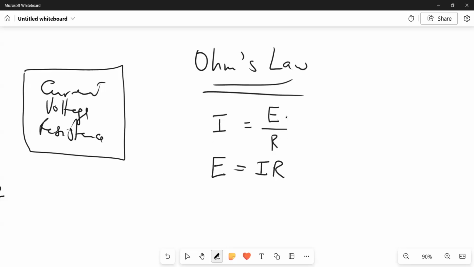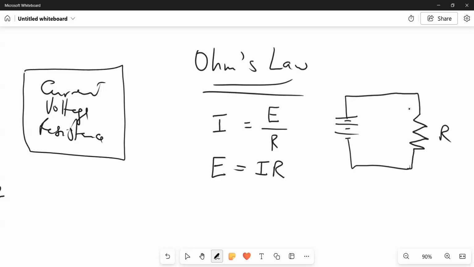And a modification of this is that when you're dealing with a circuit, let's say you have a battery, and oh, I forgot to show you, when you have a resistor in a circuit, this is how you would indicate a resistor in a circuit, right?